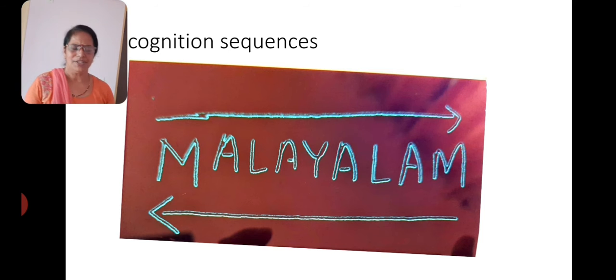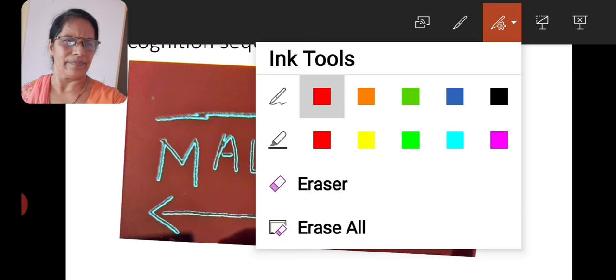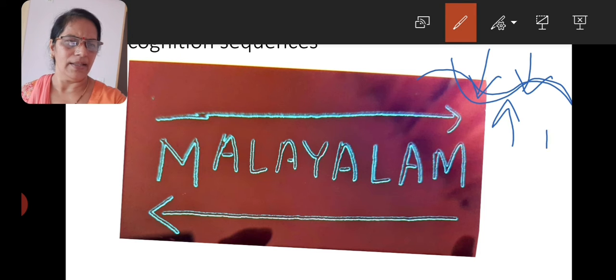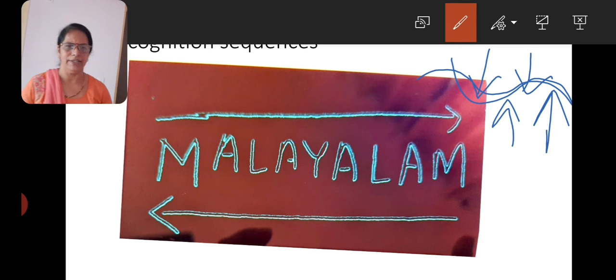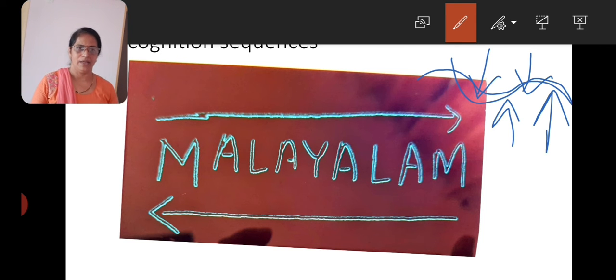Then the recognition sequence. Suppose this is the DNA, and when we apply this endonuclease enzyme on this DNA, how does it cut the DNA? Firstly, it recognizes the sequence of DNA. This recognition sequence is called the restriction sequence or the restriction site, or the recognition sequence, and it is like a palindrome.